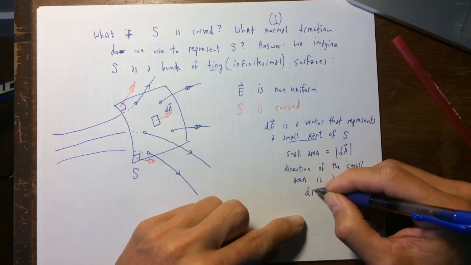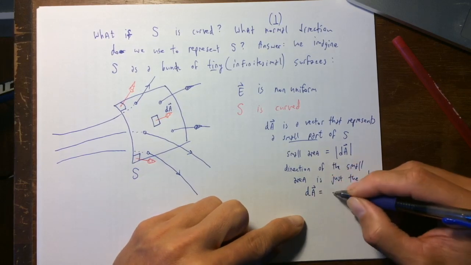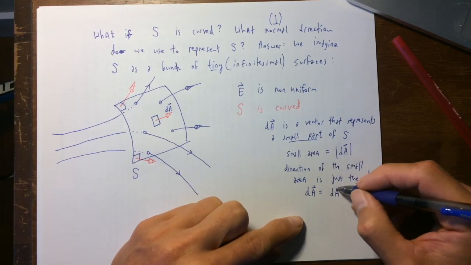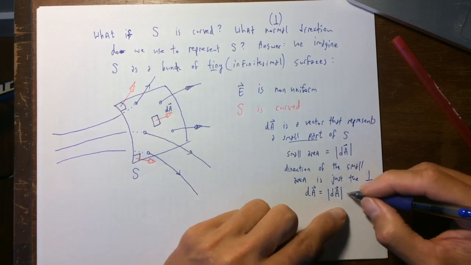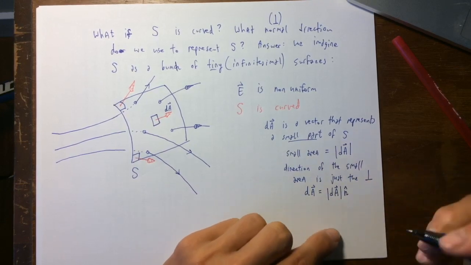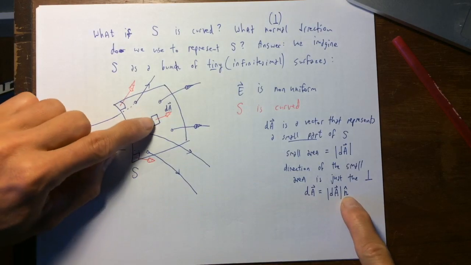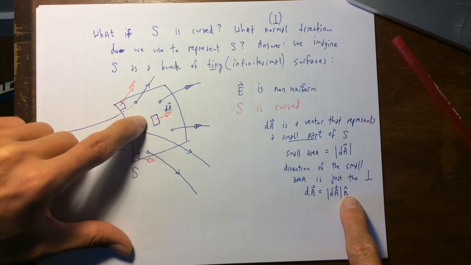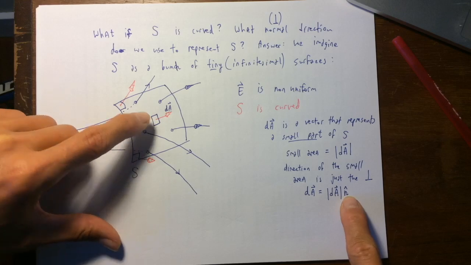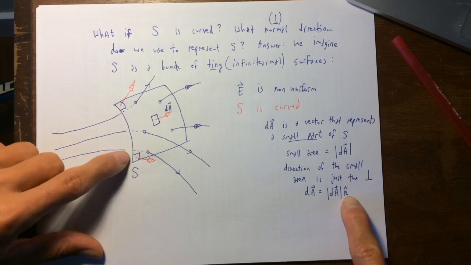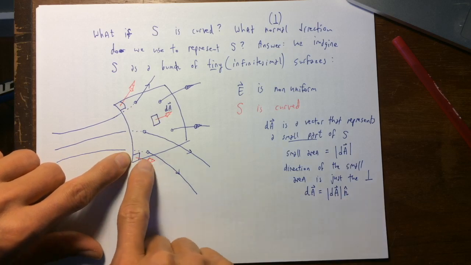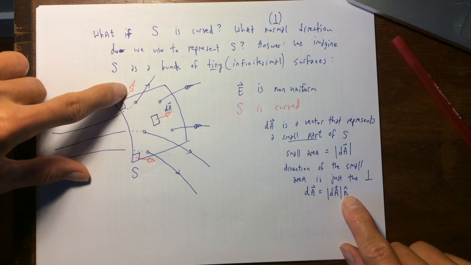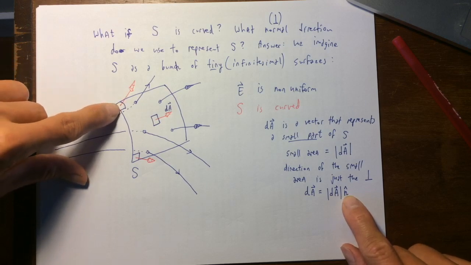So dA is equal to the small area, which is just the magnitude of itself, times n hat, where n hat is the local normal to the surface. So n hat is this red arrow for this part of the surface, but in this locality of the surface, n hat is this red vector instead, and n hat is this red vector instead for that small piece of the surface.